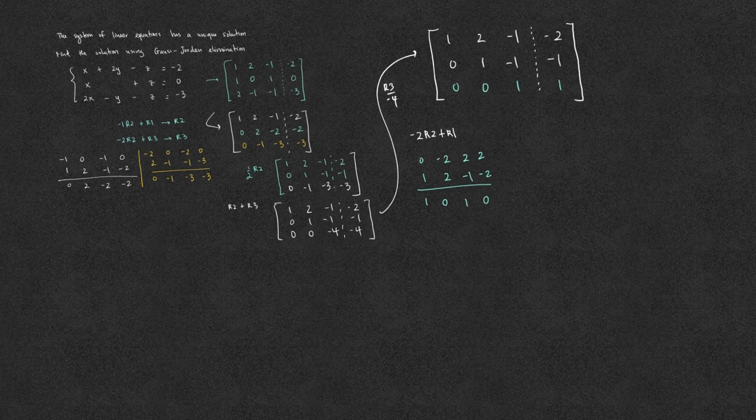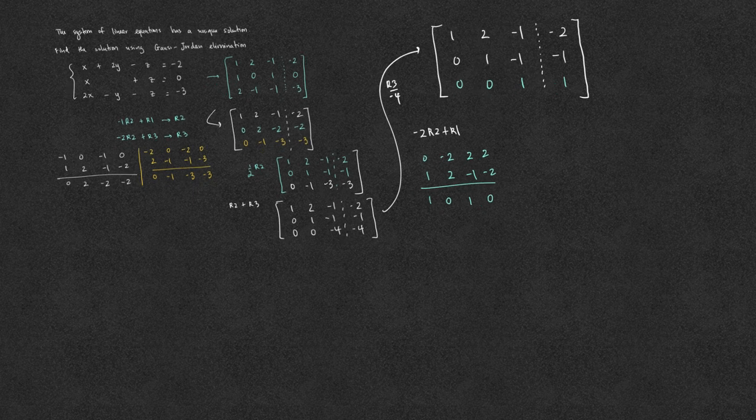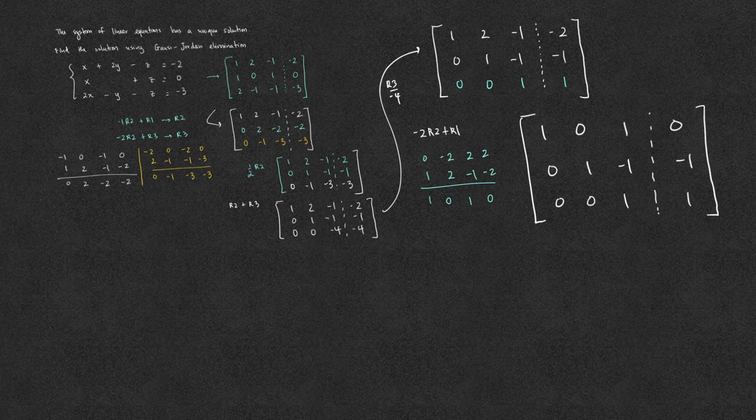These will be the entries in the new first row in the new equivalent matrix. 1, 0, 1, 0. The second row is still 0, 1, -1, -1, and the third row is 0, 0, 1, 1.